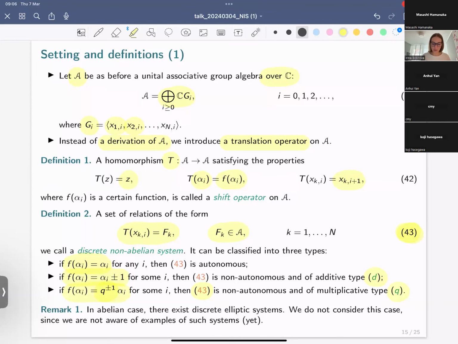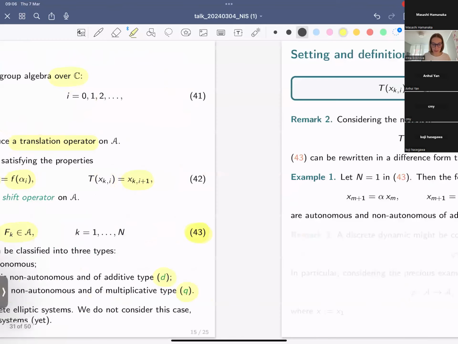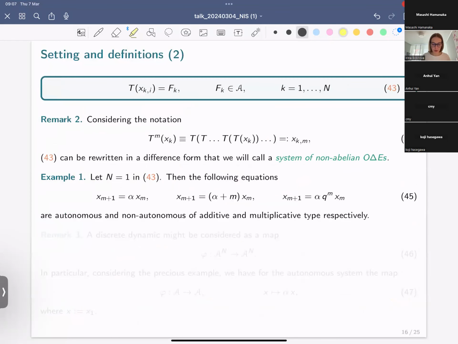So these are the main definitions, and let us move to examples. First, one small remark about the rewriting of the system (4.3). We can introduce the following notation when we act m times by operator T on our generators xk.